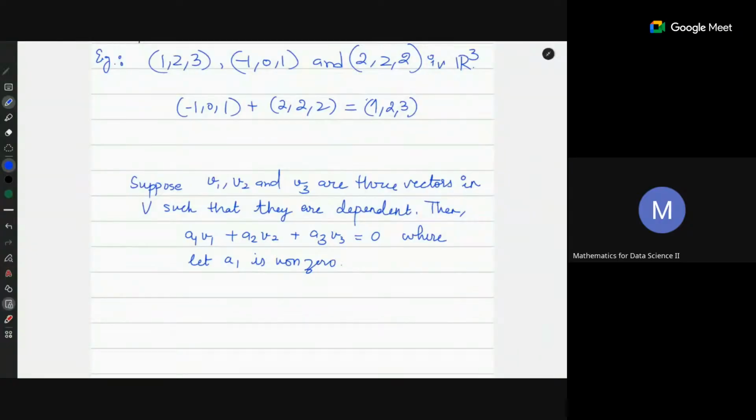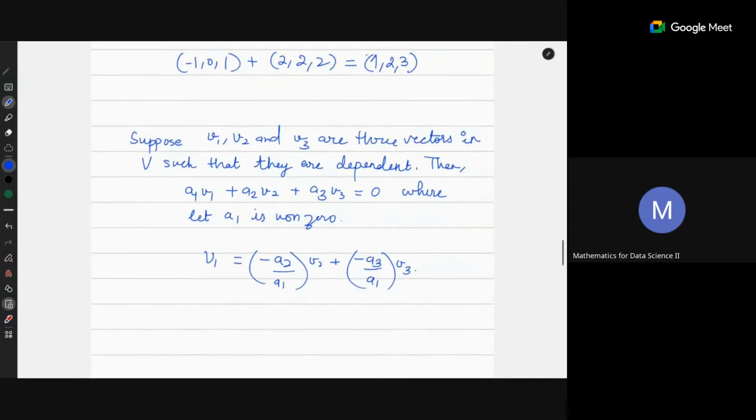So I assume that a1 is non-zero. Now again you can divide by a1 because it is non-zero, and you can express v1 in terms of the other two vectors by taking them to the right hand side. So this is what happens in general.